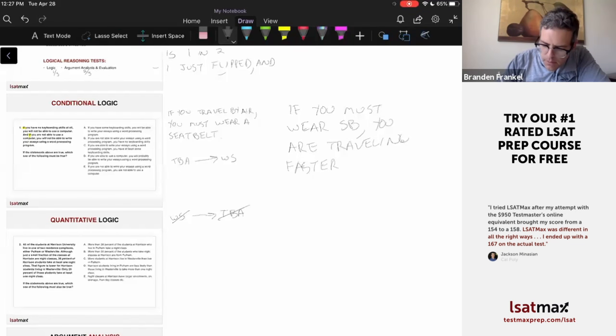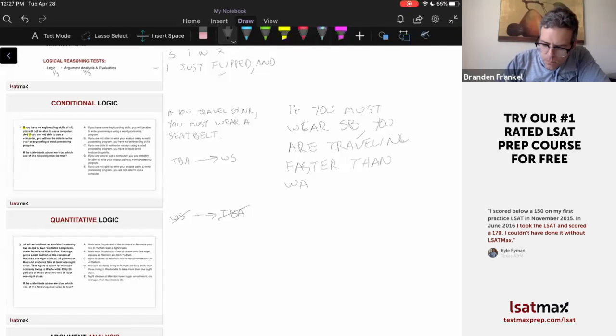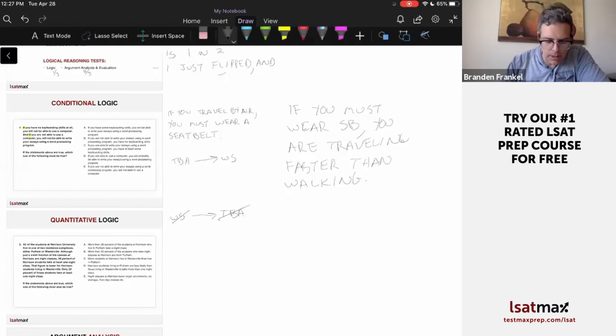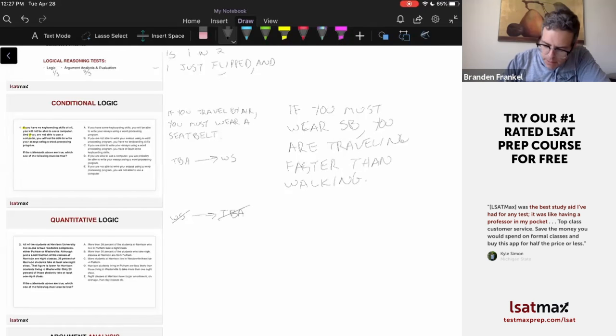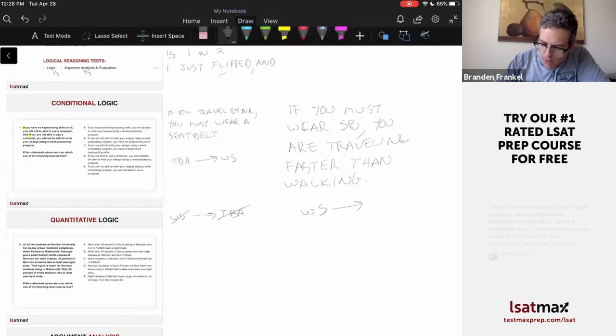Faster than walking. So this is also a conditional statement and it can be diagrammed and it looks like this. If you must wear a seatbelt, then you are traveling faster than walking.